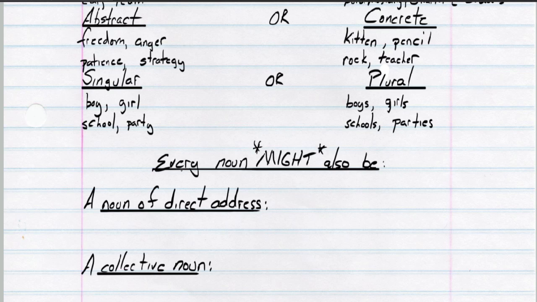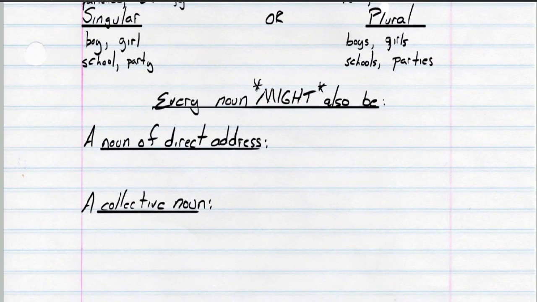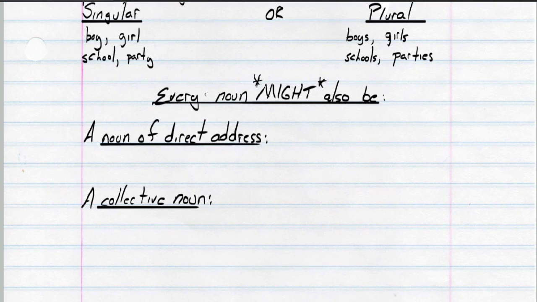Okay, so now we have every noun might also be. The key word there is might. I'm going to pull the notes to the top of the page. The key word here is might because like the 6 items before, a noun has to be one or the other. In this case, a noun might be this. All right, so a noun of direct address.